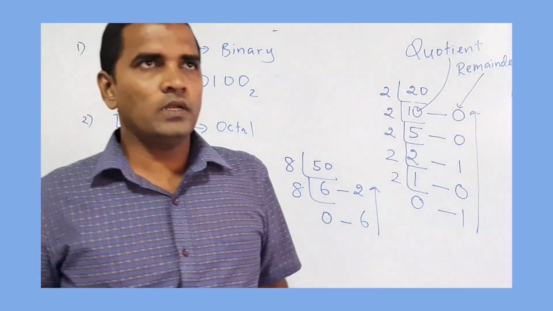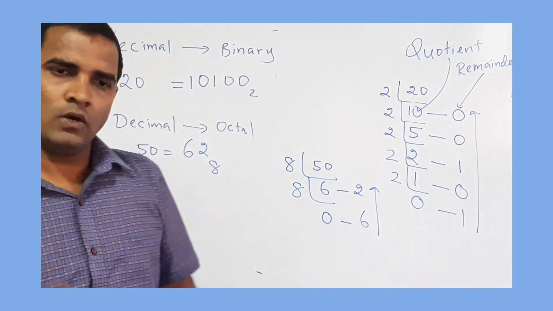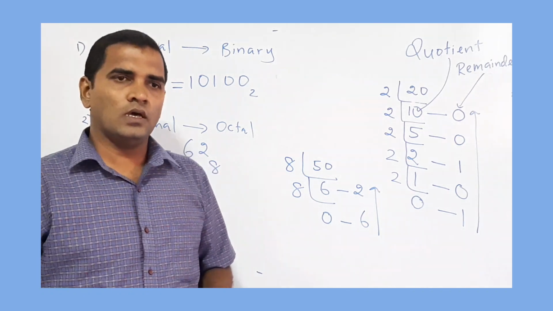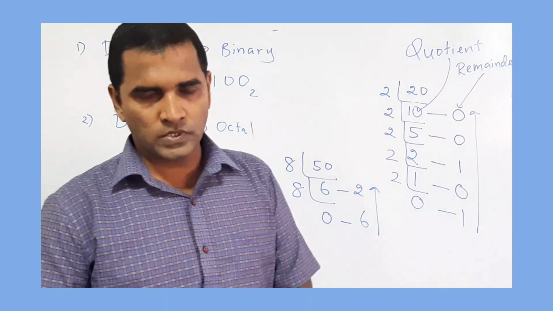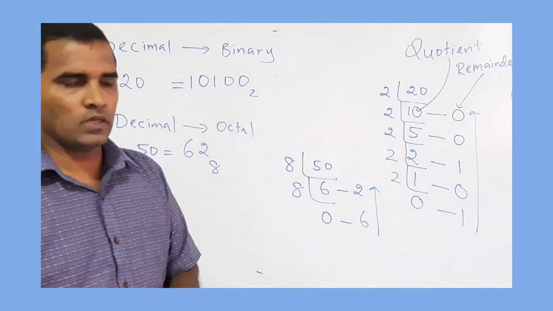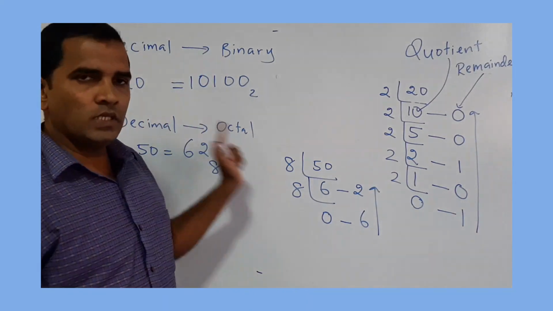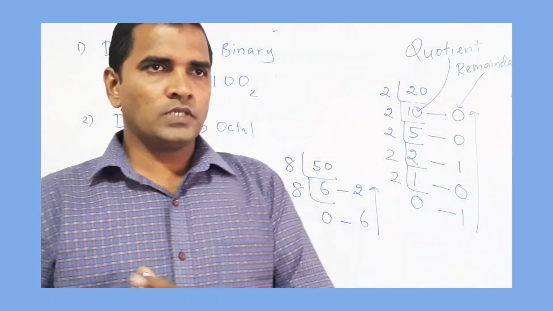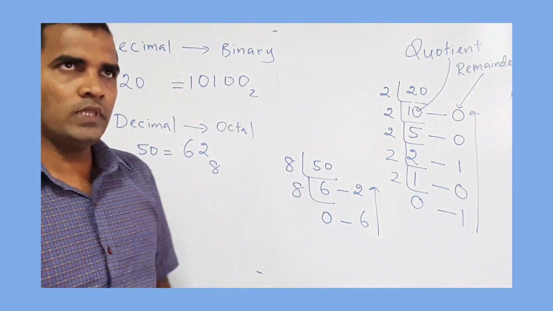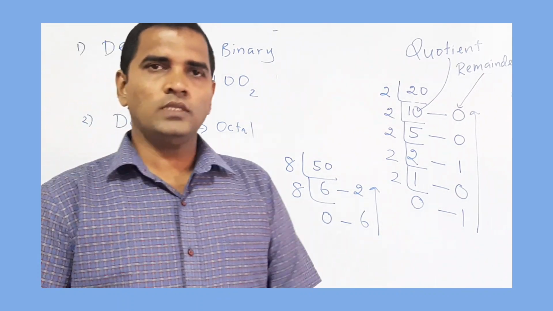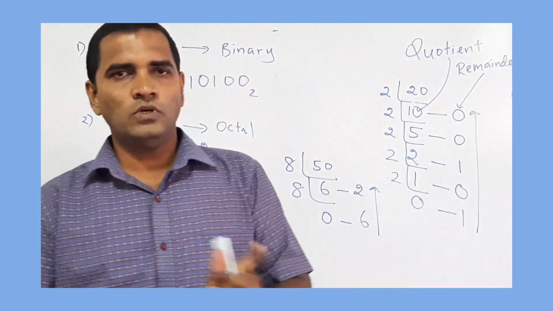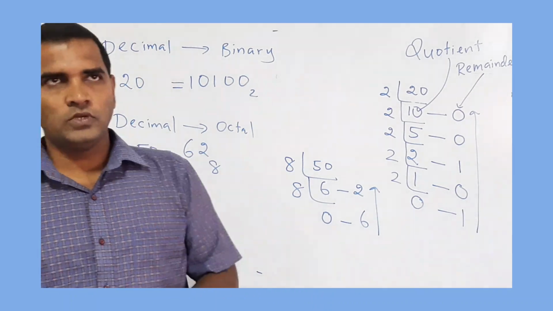Let's take the third one. Even the third one, now you can easily guess the conversion which we are going to take. So yes, it would be decimal to hexadecimal, and even without any explanation, you can work out the method which is used for converting decimal into hexadecimal.